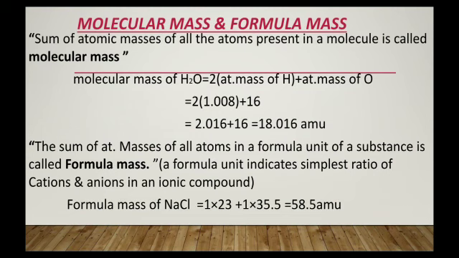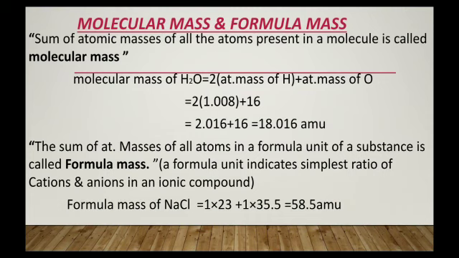So the formula mass for one formula unit of NaCl is 58.5 AMU. The procedure is the same, just we call it the molecular mass for the covalent compounds and the formula mass for the ionic compounds. You can practice it by writing the formulas for different compounds and then calculate their masses by adding up the atomic masses of the component atoms.